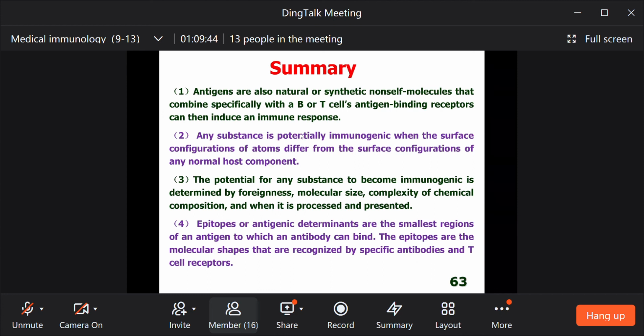If you have some problem, you can read this summary and it will be clearer about the content of the class. If you want to read it, I will send it to our groups.